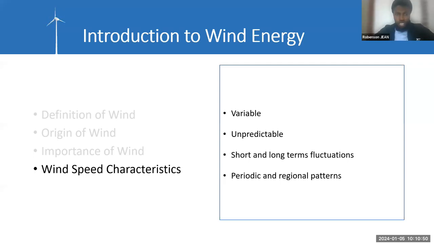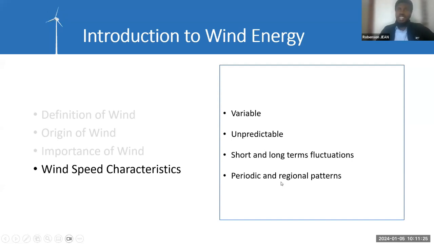Unfortunately, we can extract the energy from the wind, but we have to take into account its variability. It is variable because every now and then the wind speed is changing. Also, wind speed is unpredictable. It is changing, but we do not know what the amplitude of the wind velocity will be in the next second, the next minute or the next day.